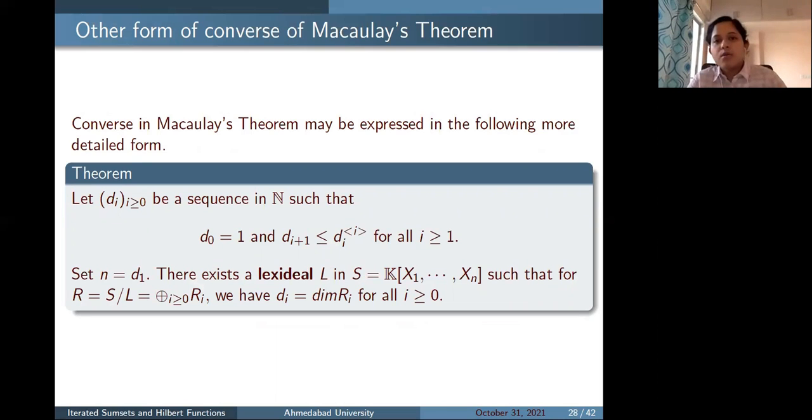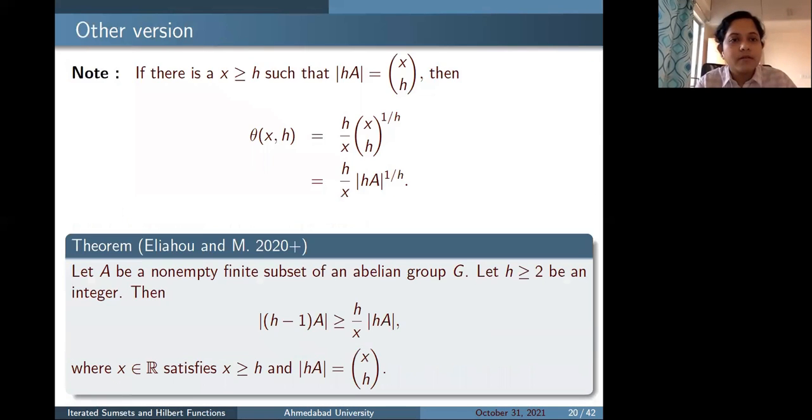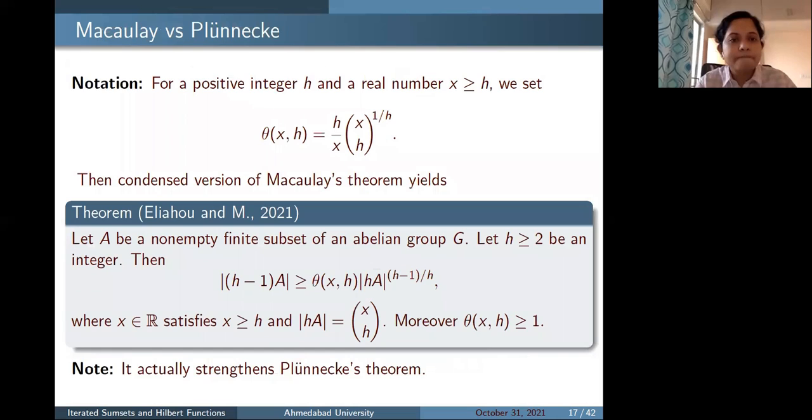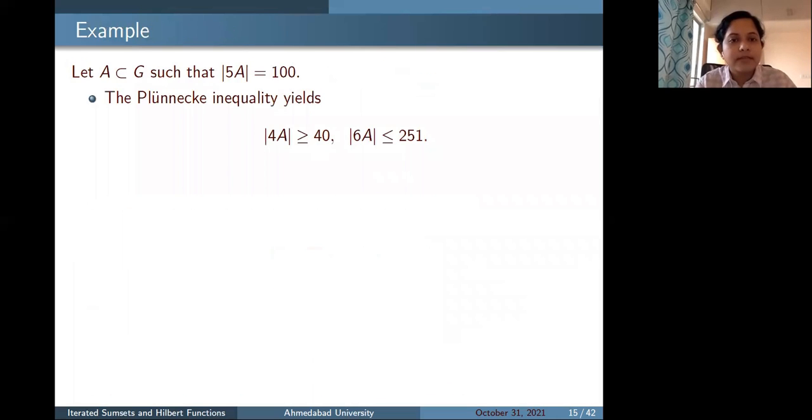Now we have seen the Macaulay theorem. You can go back to the Macaulay theorem at the moment.